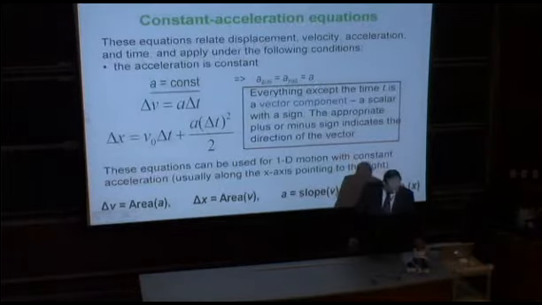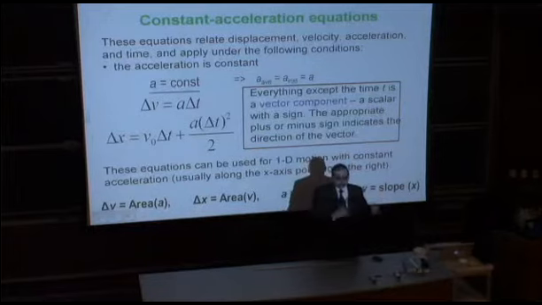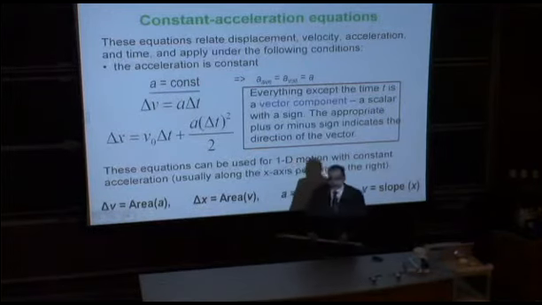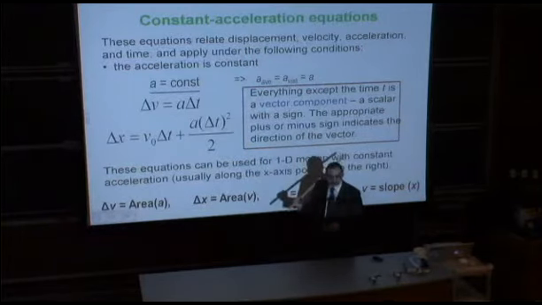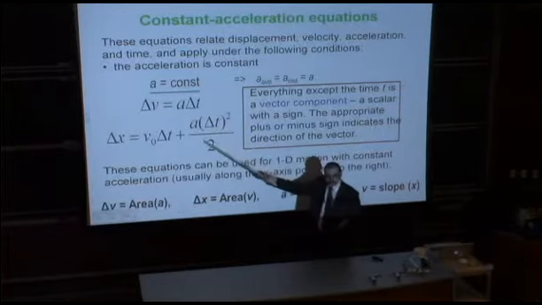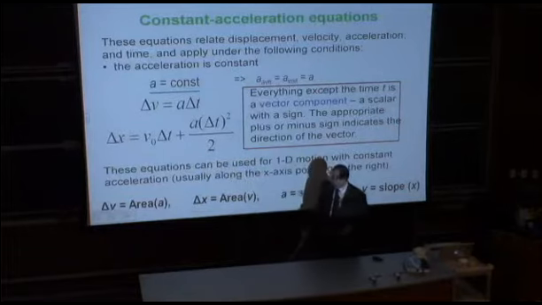If we have a complicated motion, which is composed of several different motions, in that case, for each individual time interval, we can apply these equations. This is, again, the velocity equation, and this is the motion equation. And we can derive the third equation if we want to.